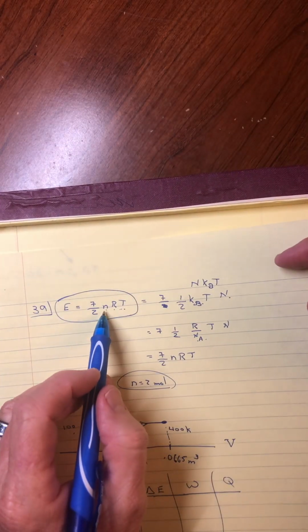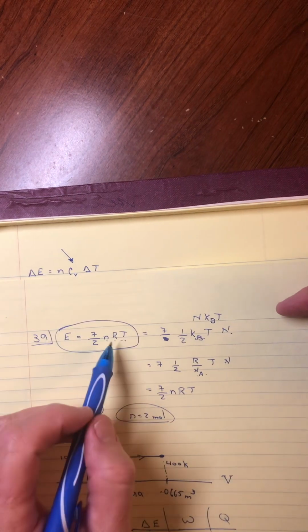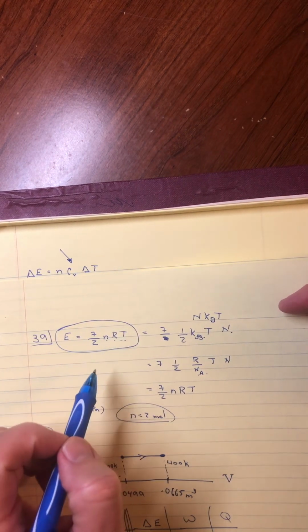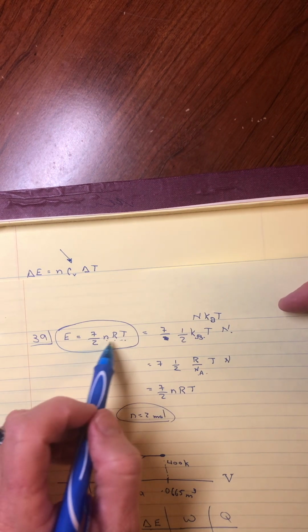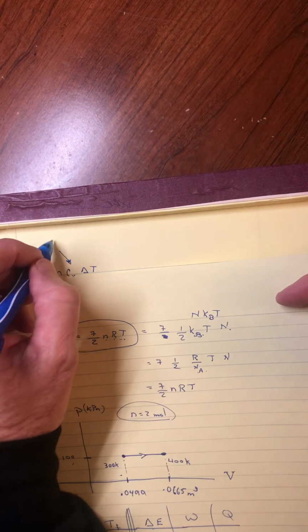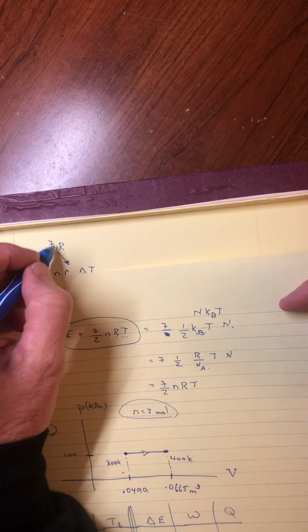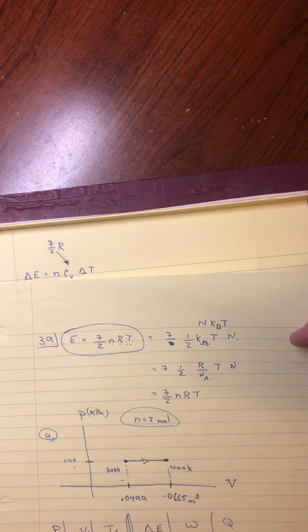Back to here, we know there's the n. There's the delta T. And so the 7/2 R must be the C_V. And that was our discussion about 7 degrees of freedom.